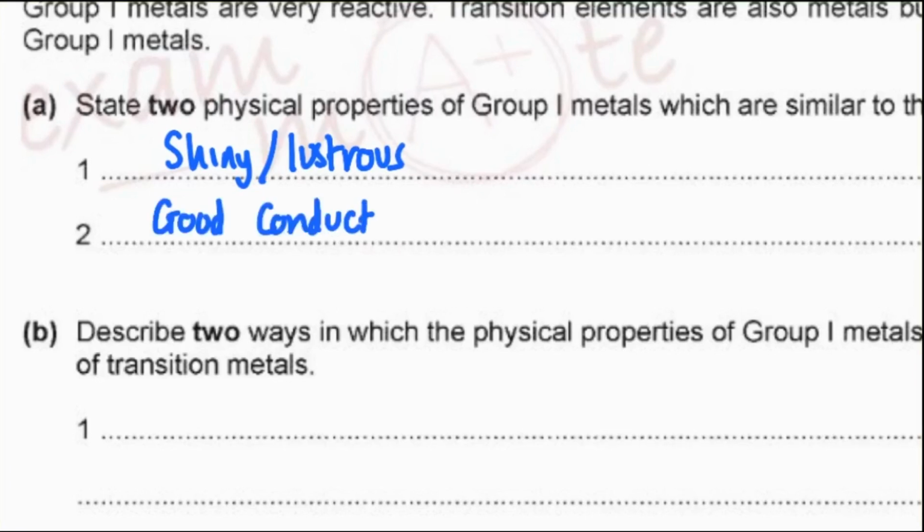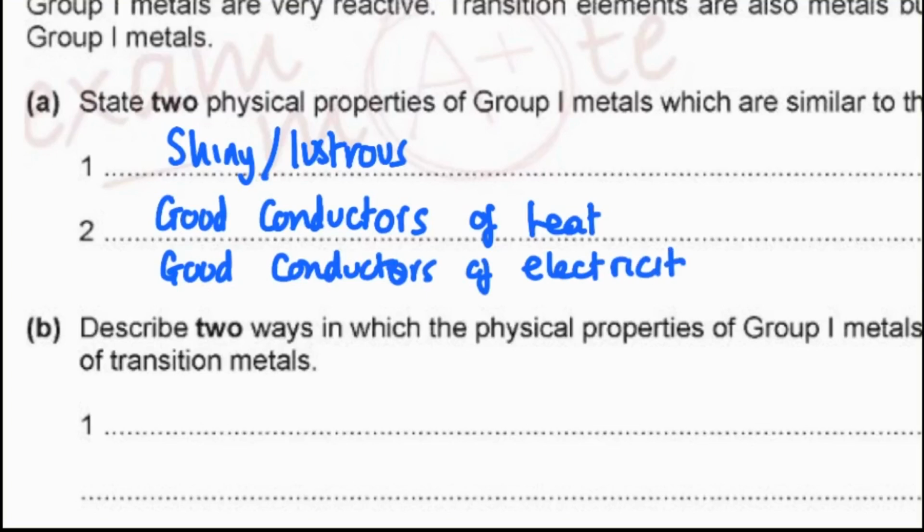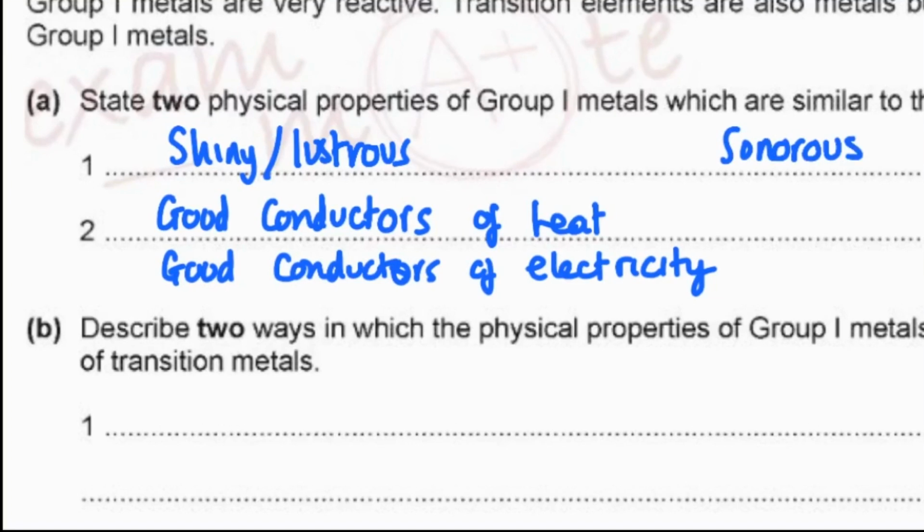Now, you could use it as just good conductors, but usually in questions like this, it's a really, really easy mark because you can have good conductors of heat, and a second mark is for good conductors of electricity. So already we've got 3 there that we could choose from. You could also have sonorous. So, of course, you could have had all of these, but you're only going to pick 2.